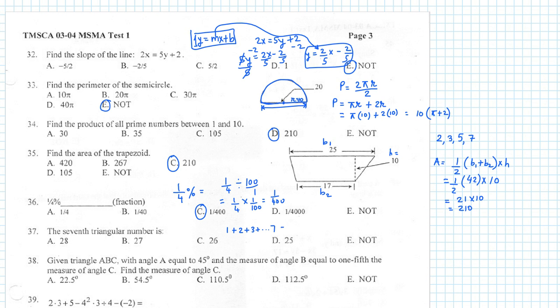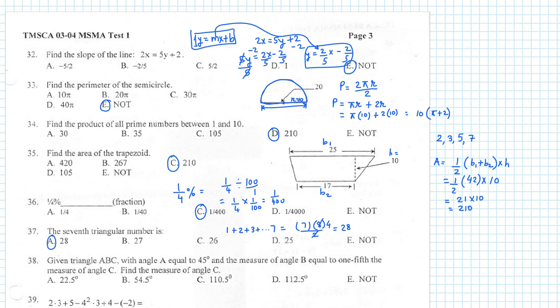Now the sum of consecutive numbers is n times n plus 1 divided by 2, where n is the number of numbers. So in this case n is 7, so it will be 7 times 7 plus 1, which is 8, divided by 2. So 8 divided by 2 is 4, so 7 times 4 is 28. So the answer is A, which is 28.